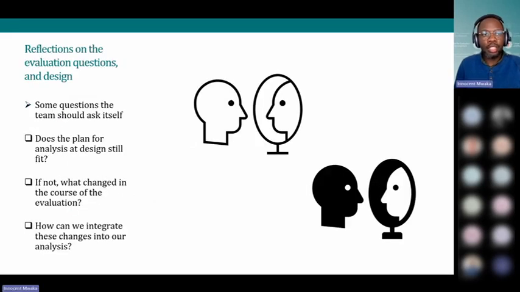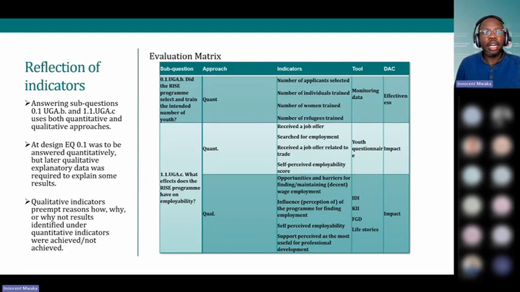So when we talk about reflecting on the evaluation questions and the design, why is this important? For different evaluations, especially those that take long, something might change in mid-implementation, so your design might also change. If you're basing your analysis on the original design, this might be problematic. So it's important to go back and reflect, identify what has changed, what has not changed, and how you can integrate this.